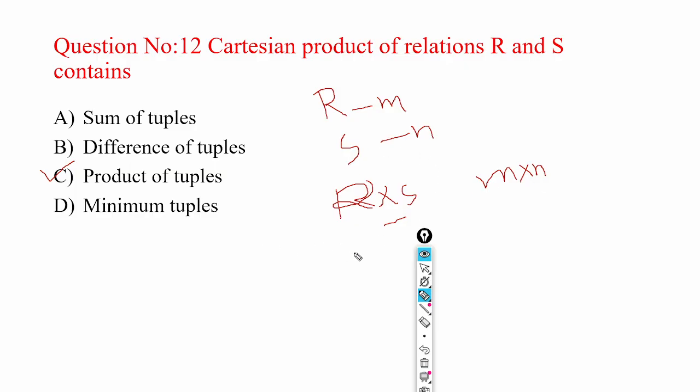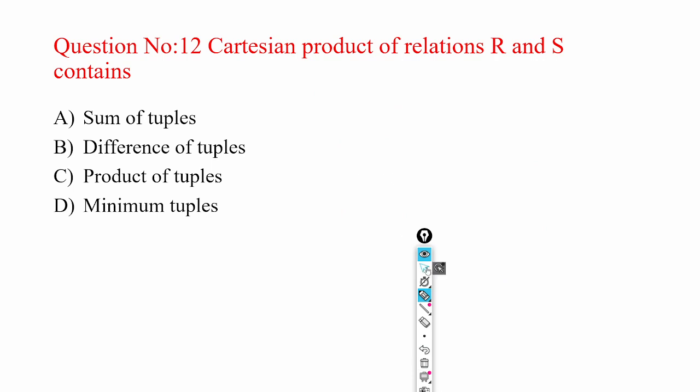If there are three teachers, and each teaches four subjects, the possible combinations are 3 into 4, that is nothing but 12. So this we call a Cartesian product. It is nothing but the product of tuples.